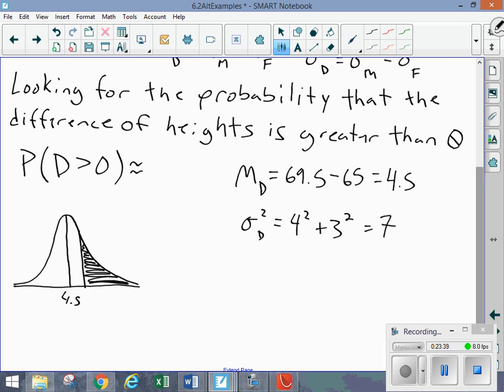So we're looking for the area of this shaded region. I'm going to go ahead and calculate a z-score, a standardized value. So x is 0, right? That's what we're looking for.